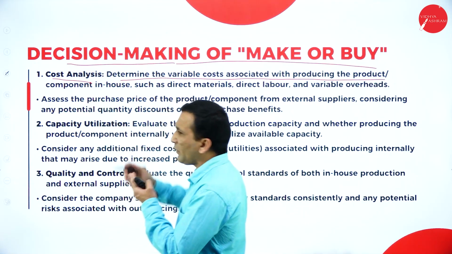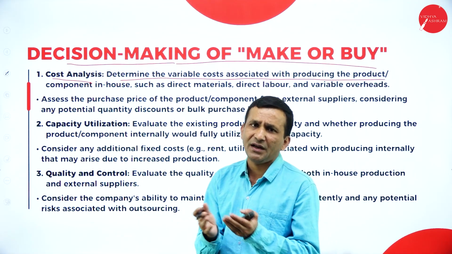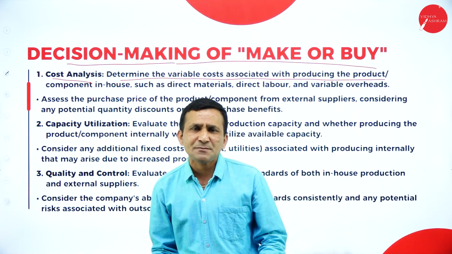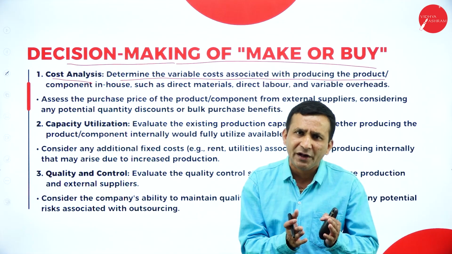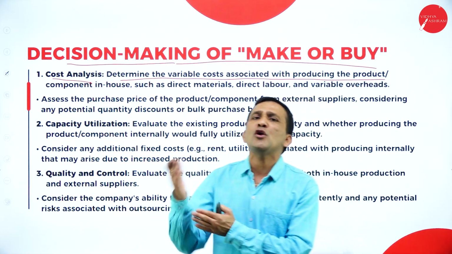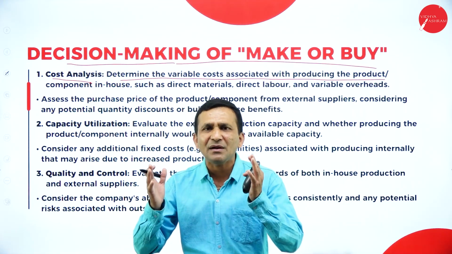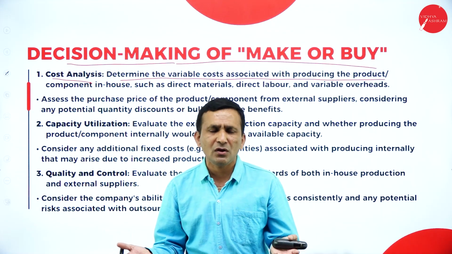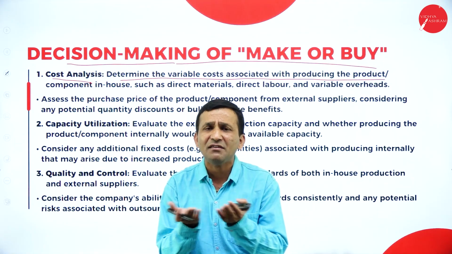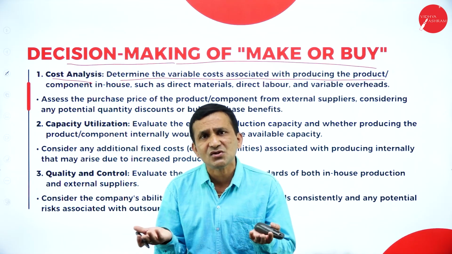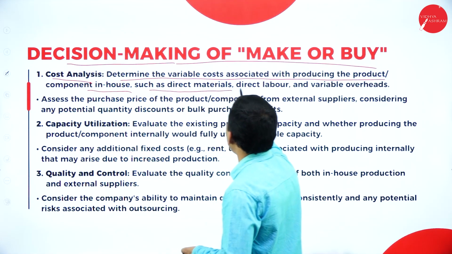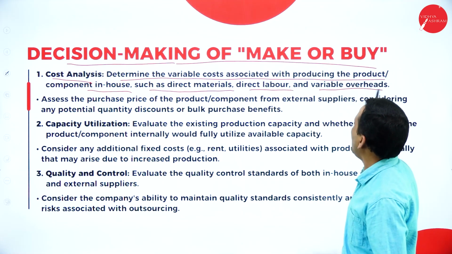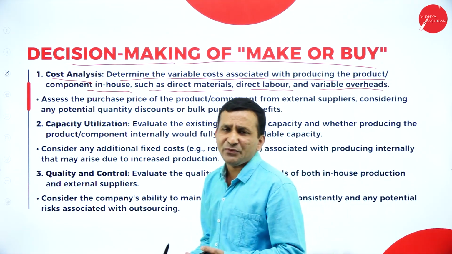For example, using a space of 1200 square feet, if I am ready to produce 100 products, there is a chance to produce 200 products. The same rent you are bearing is always constant, it never changes, so we call it a fixed cost. The in-house components are direct material, direct labor and variable cost. So we need to do the cost analysis.